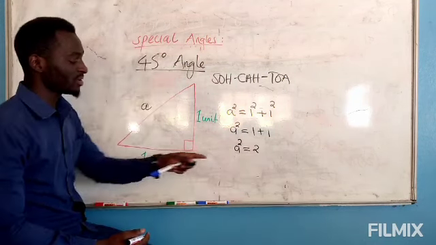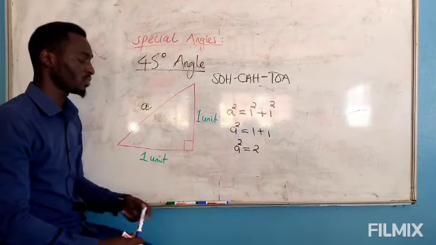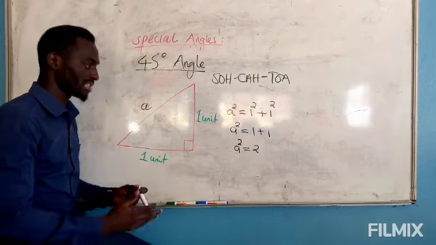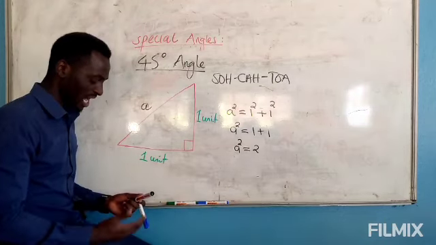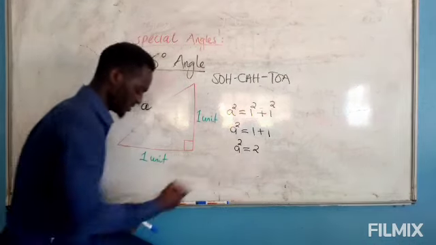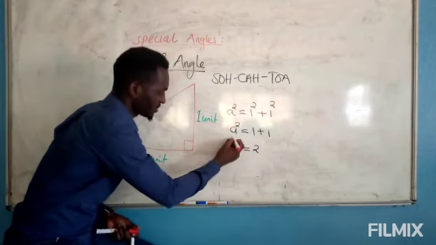Now, the idea here is I want to get A, so the square shouldn't be there because I only want A. So how do I eliminate the square? I'll introduce the square root.